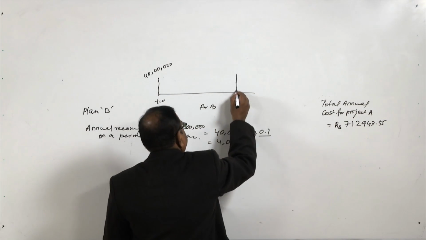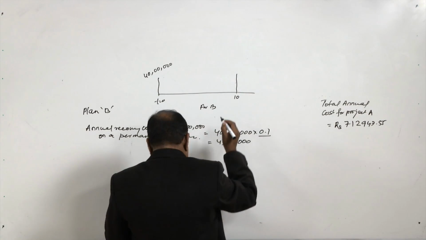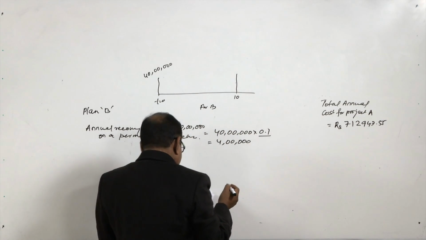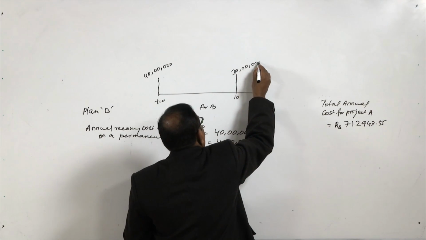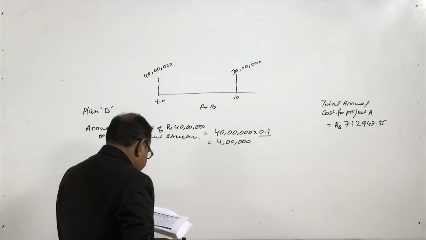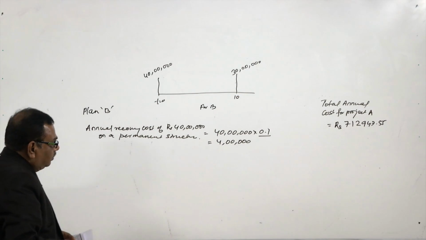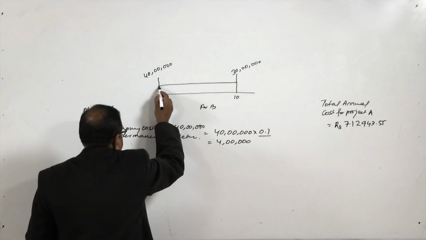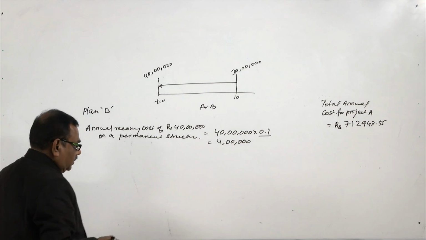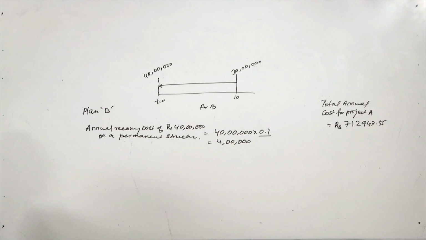After 10 years, we are investing 30 lakhs on a permanent structure. So, first we have to bring this to this timeline and then multiply with i.